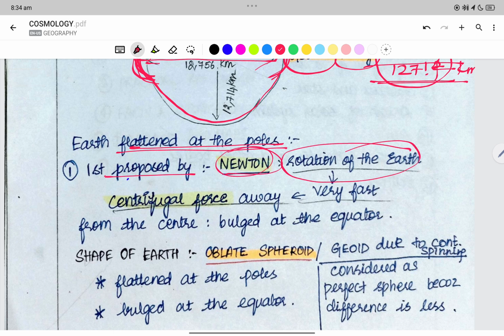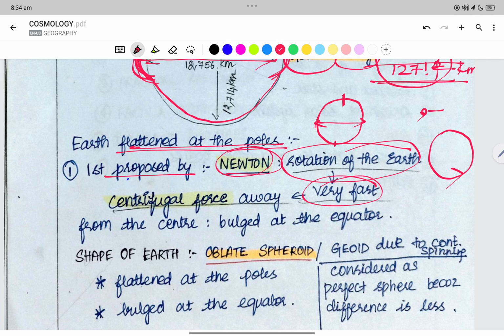The rotation of the earth is very fast at the equator. Now let us take the poles and then the equator, right? This is the pole and this is the equator. The earth has to rotate this pole and this equator.